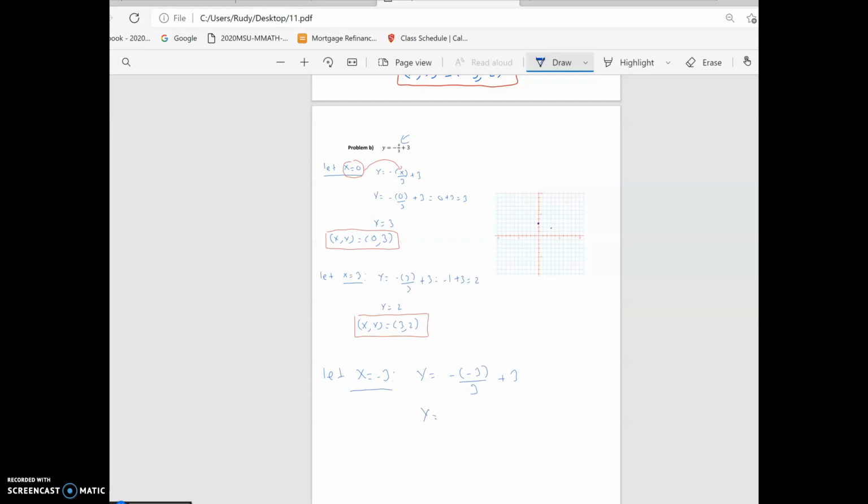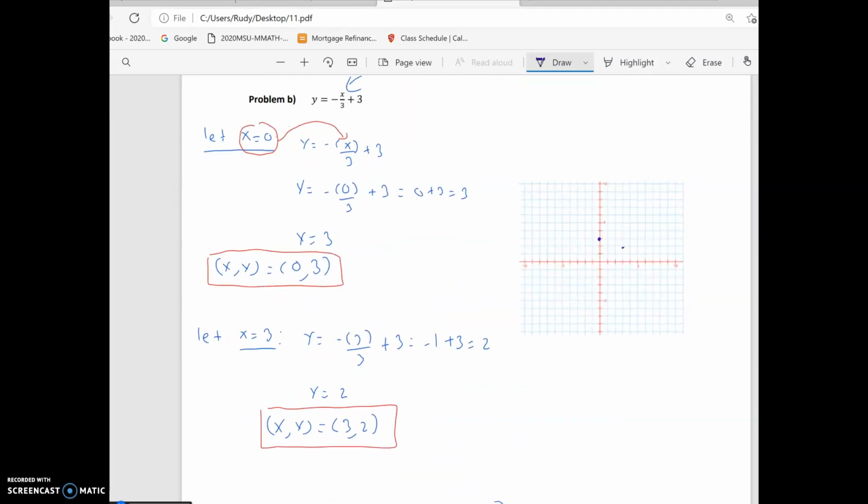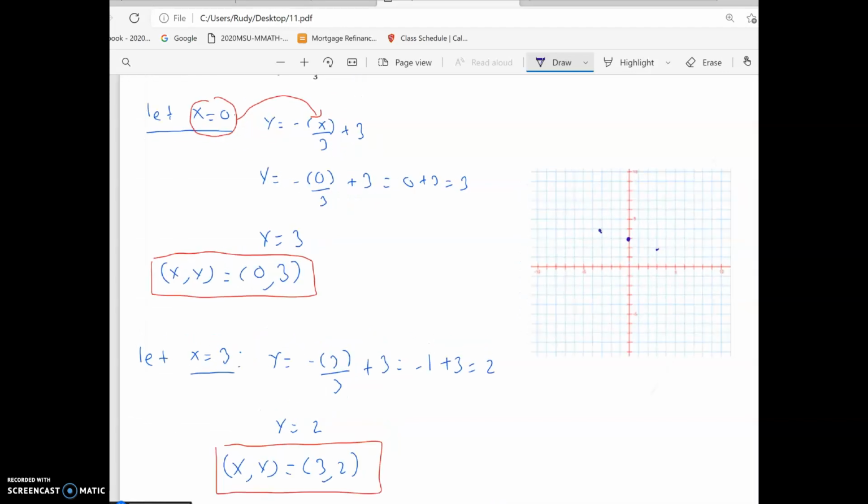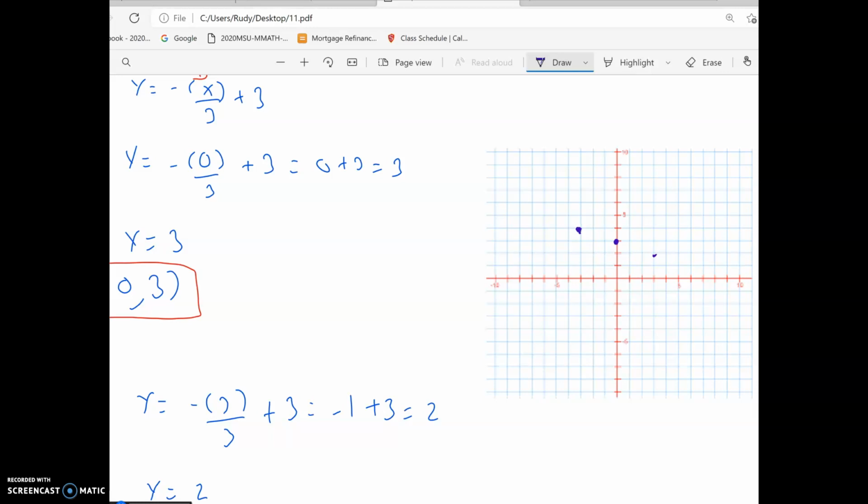So y is equal to 1 plus 3, which is 4. So y is equal to 4. Coordinate point as an x and y, it's going to be (negative 3, 4). So negative 3, it's going to be 1, 2, 3, 4. It's actually here. I placed it a little bit off.